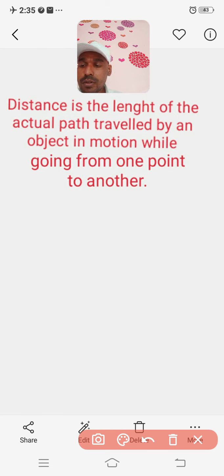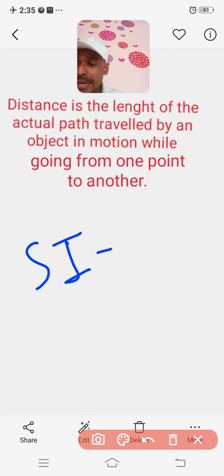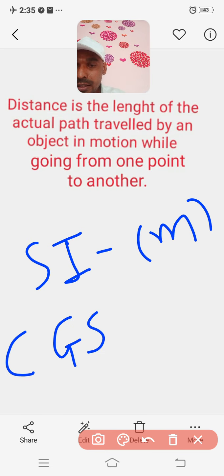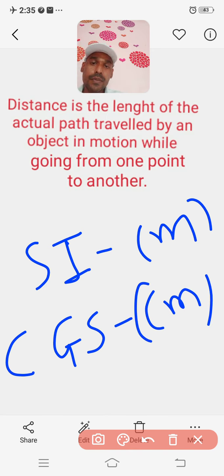Firstly, the SI unit of distance is meter, small m means meter, and the CGS unit is centimeter. I think we understand the definition of distance, its quantity and its units.